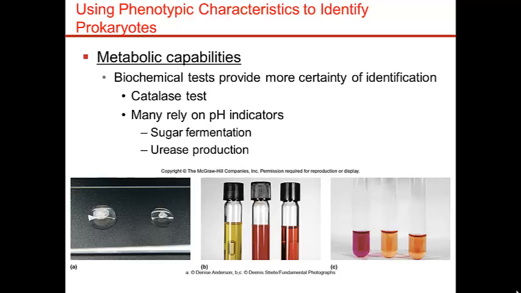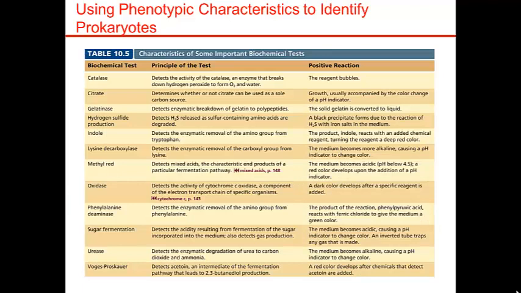The visible or color changes reveal the presence or absence of chemical action and thus produce a positive or negative result. Table 10.5 from your textbook lists some of the key biochemical tests performed to identify bacteria.